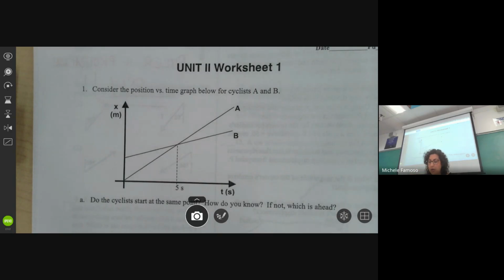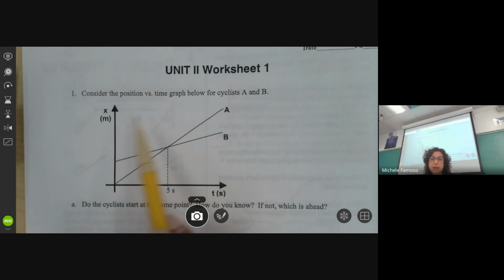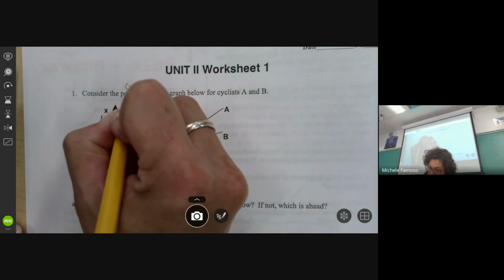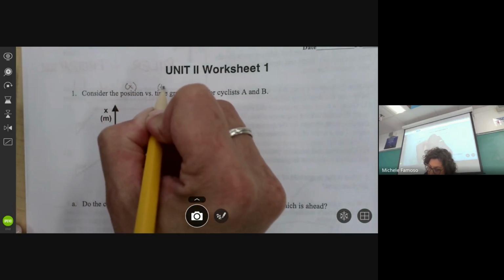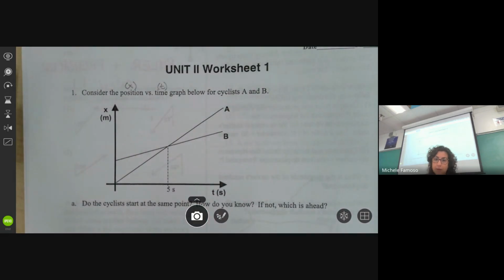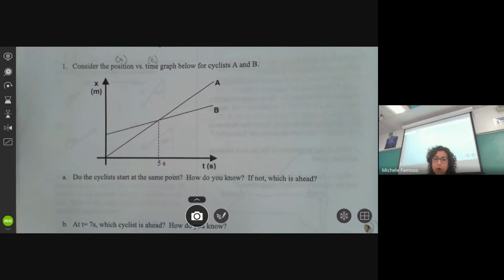This worksheet asks us to consider the position versus time graph below for two cyclists, cyclist A and cyclist B. Let's see if we can answer these questions based on this position-time graph. Remember, position is the variable x, time is the variable t on the grid. So, part A, are these cyclists starting at the same point?